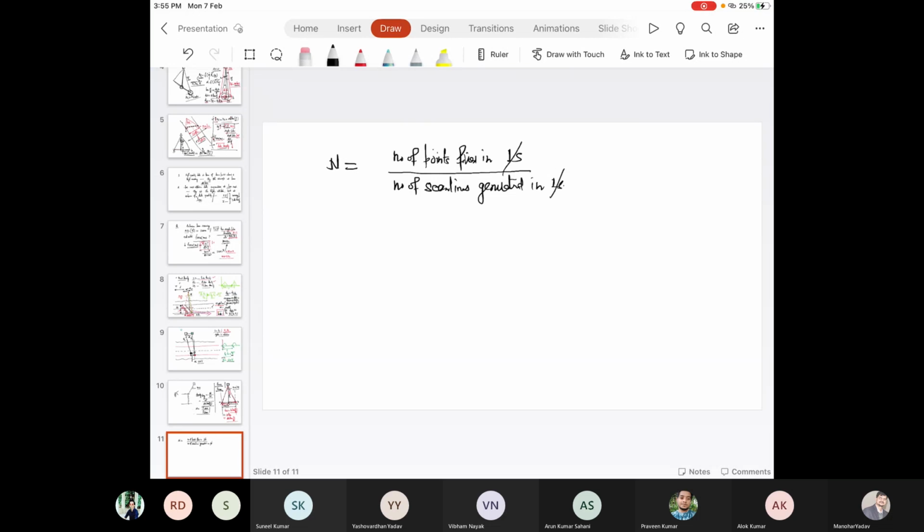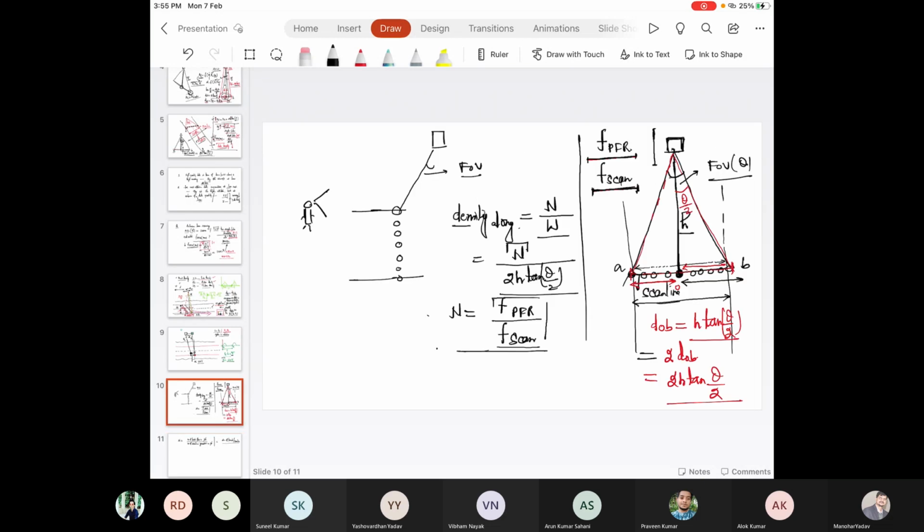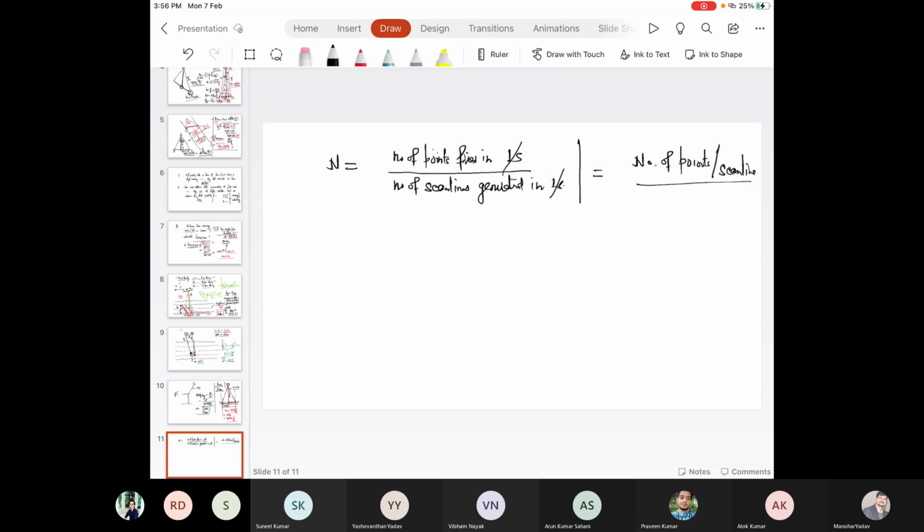This 1 second will cancel out. The number of points fired divided by the number of scan lines generated, so this will be equal to the number of points per scan line, and this is actually N. In one scan line, how many points are there? So this is equal to N.